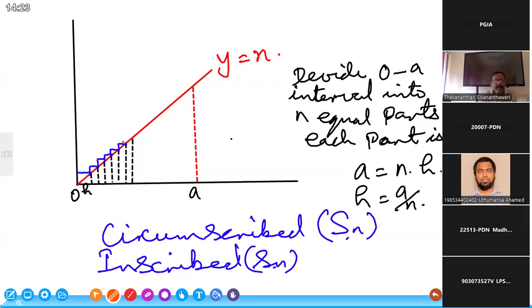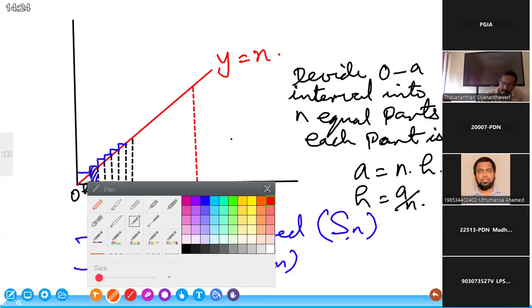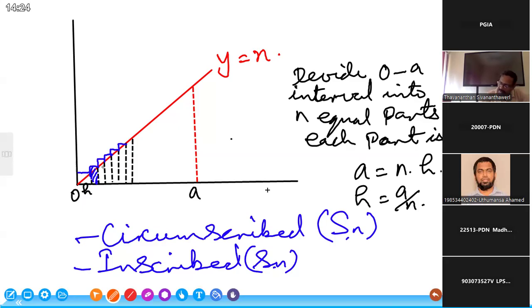It indicates the outer side of the rectangle. And the inscribed method indicates the rectangles from the lower side. So your first rectangle would be this one, second, third, fourth, fifth, sixth rectangle, and so on.